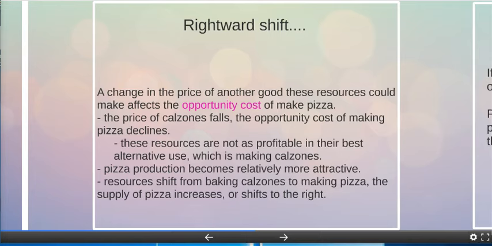So, pizza production becomes relatively more attractive. If calzones become cheaper, the pizza makers are going to want to make pizzas because they're making more profit. As some resources shift from baking calzones to making pizza, the supply of pizza increases or shifts to the right.